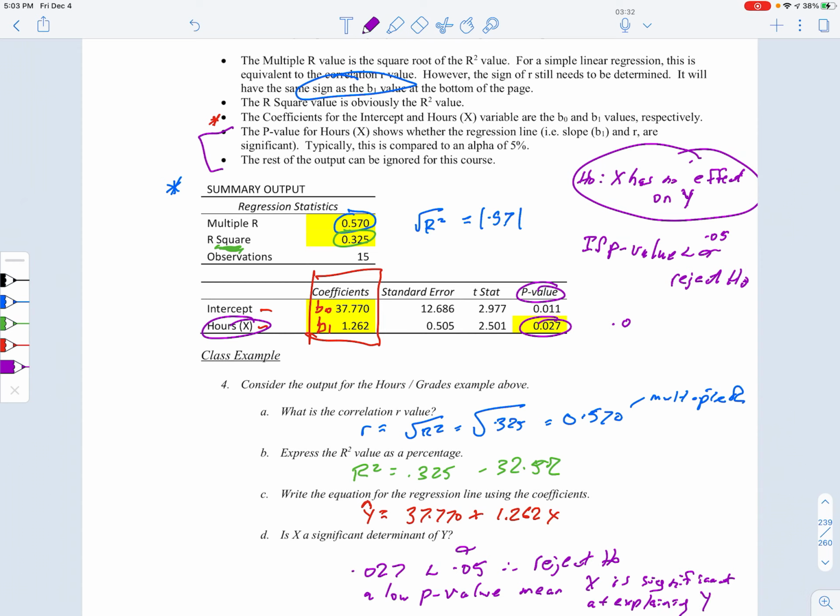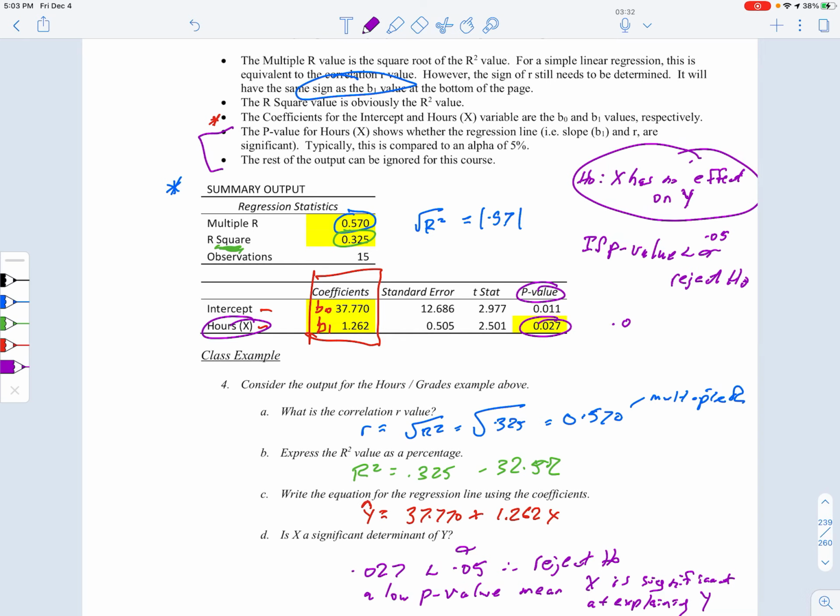And that's what we have in this case. We have a p-value of 3%, and that is less than an alpha of 5%. And so we would say, yeah, this is an important variable at explaining y. So ours is important at explaining the grade that a student gets.